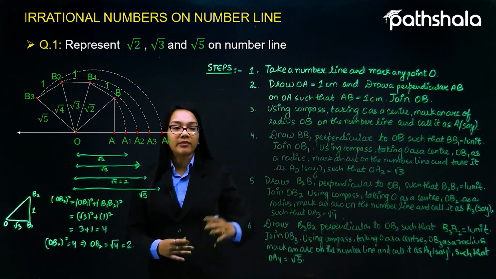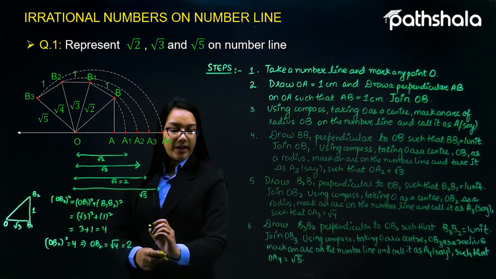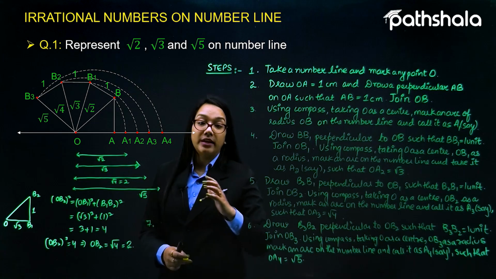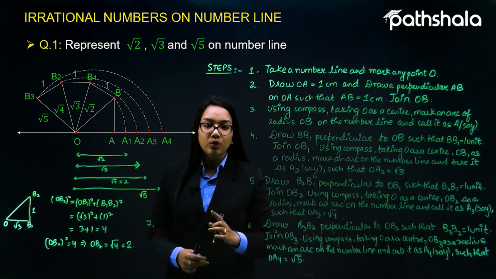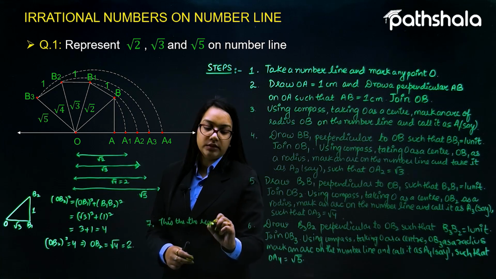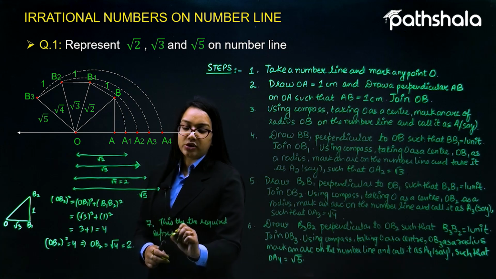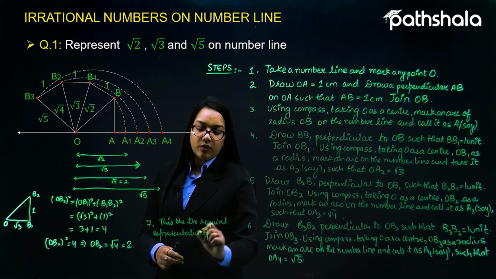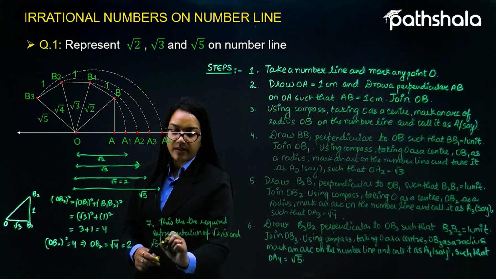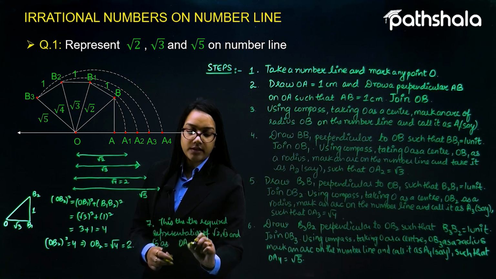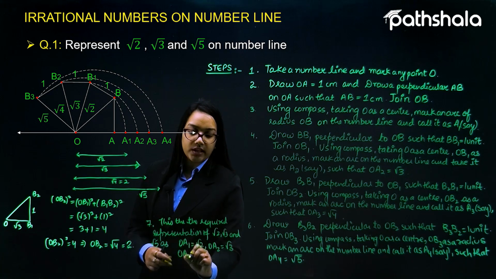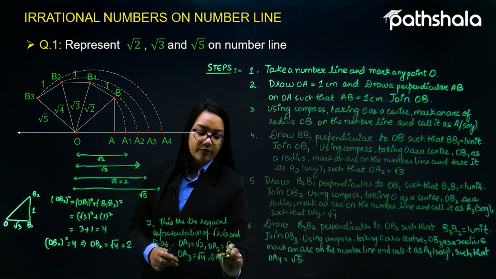So the step number 7 would be like: this is the required representation of root 2, root 3, root 4, root 5, as OA1 is equal to root 2, further OA2 is equal to root 3, further OA3 is equal to root 4, and further OA4 is nothing but root 5.